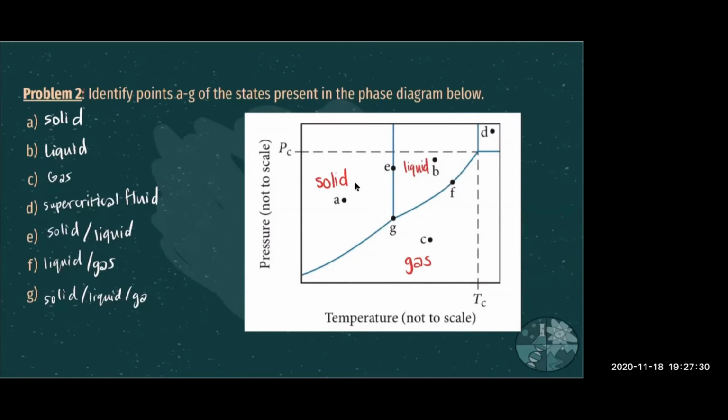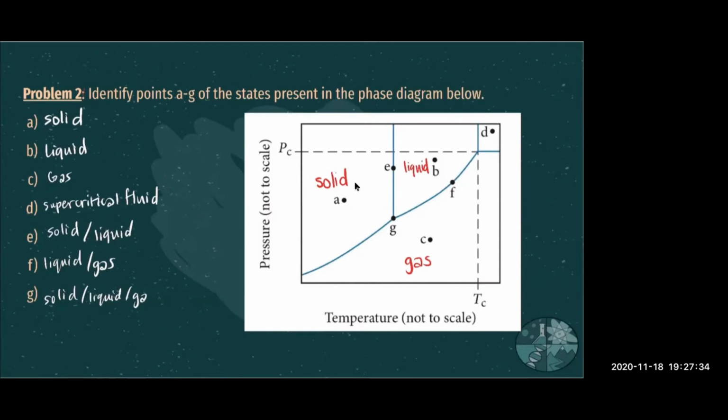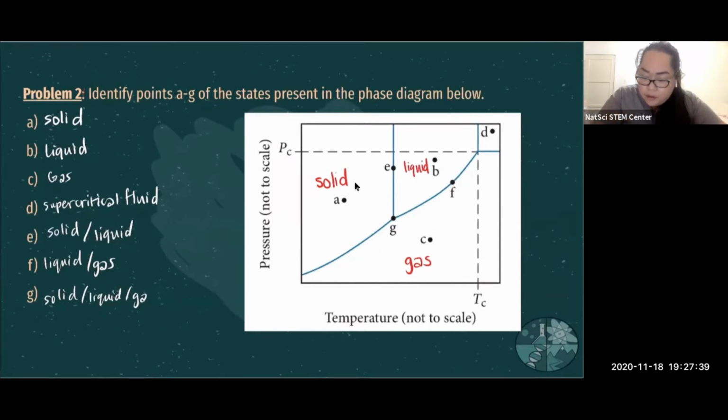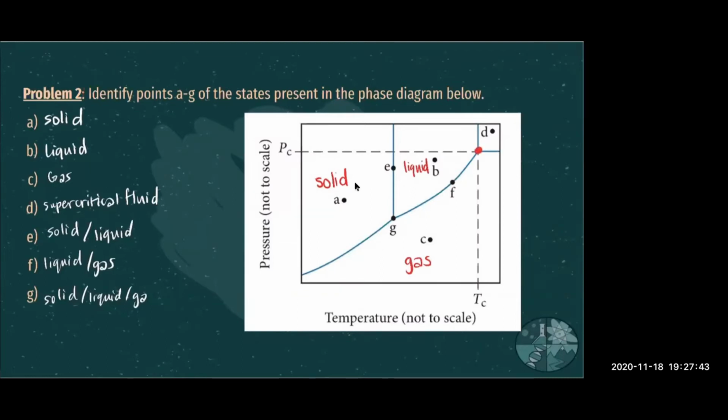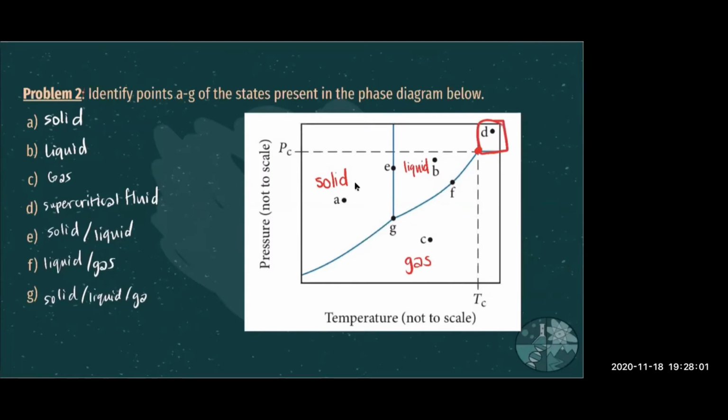D is the supercritical fluid. Does it make a difference if you just wrote critical point? I think it can be fine if you put critical point, but this area is supercritical fluid.